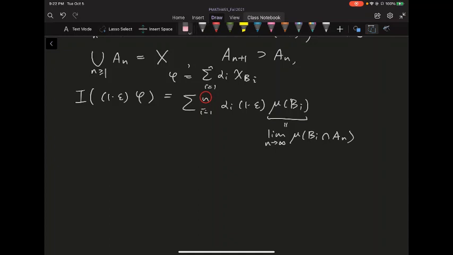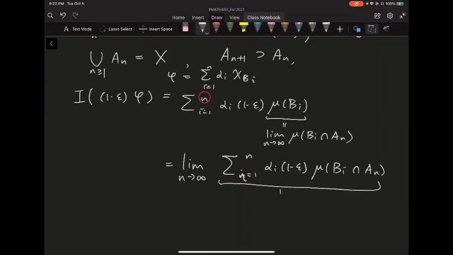So what you get here is essentially the limit as n goes to infinity of the summation, i going from 1 to n, of alpha i (1 minus epsilon) times mu of Bi intersect An. And this is essentially the function (1 minus epsilon) phi multiplied by the characteristic function of An.